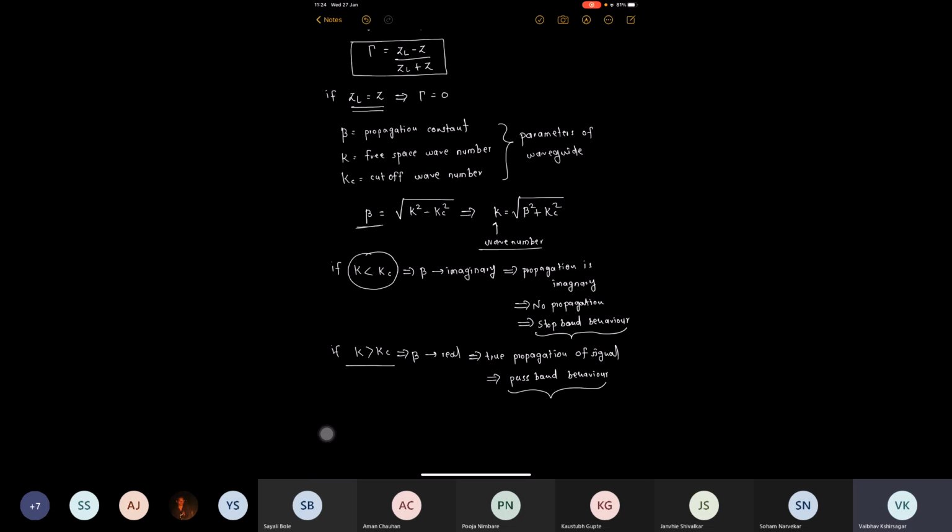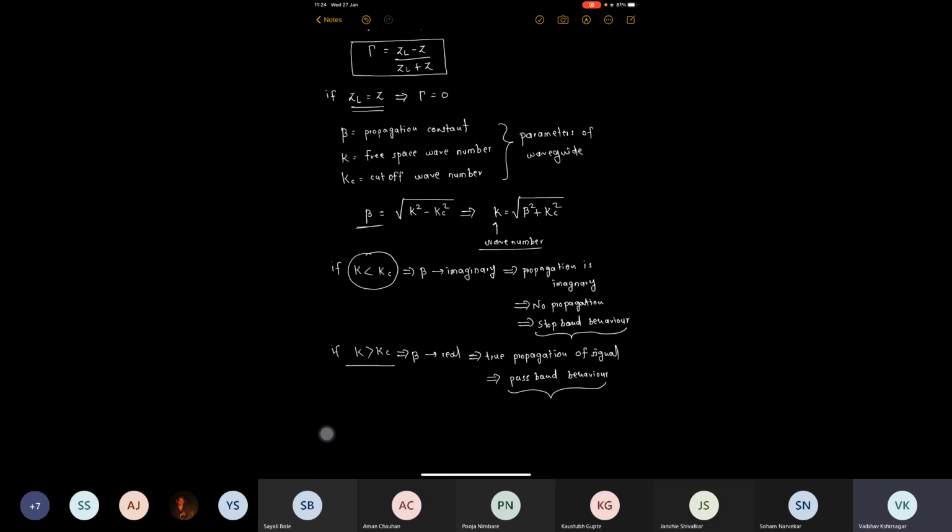Whenever k is lesser than kc, it will give us the stop band characteristic, and whenever the value of k is greater than kc, then the propagation constant will become real, and it will provide us the passband response or passband behavior. So the only intention was to tell you that the waveguide can be utilized as a filter by controlling the waveguide parameters in terms of wave number. Okay. So we go further.